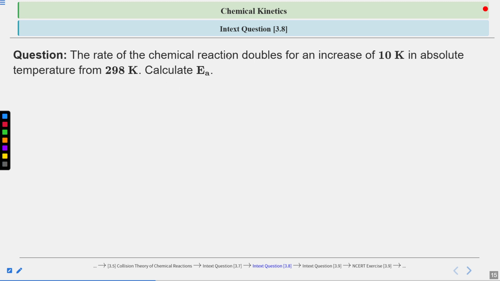So from 298 Kelvin, which is the absolute temperature, if you increase the temperature by 10 Kelvin, the rate of the chemical reaction is going to be doubled. Now calculate the EA, that is, calculate the activation energy.